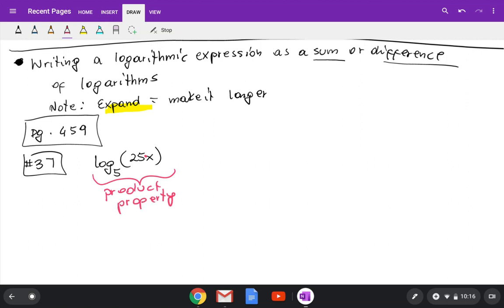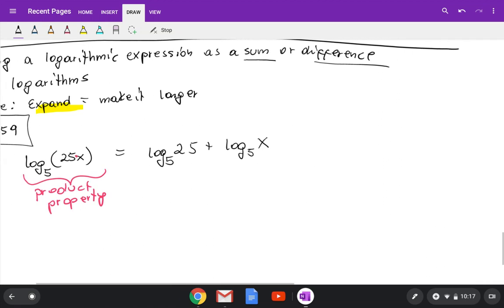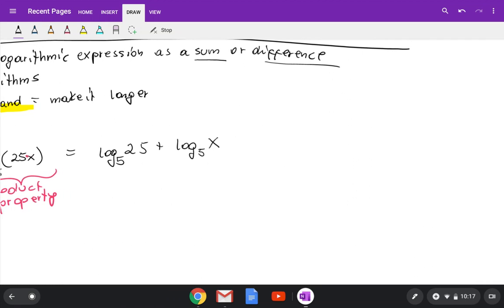The logarithm of product, it's equal to the sum of logarithms. So we're going to rewrite that as logarithm base 5 of 25 plus logarithm base 5 of x. Okay, so we're expanding. So logarithm base 5 of x, there's nothing you can do here.